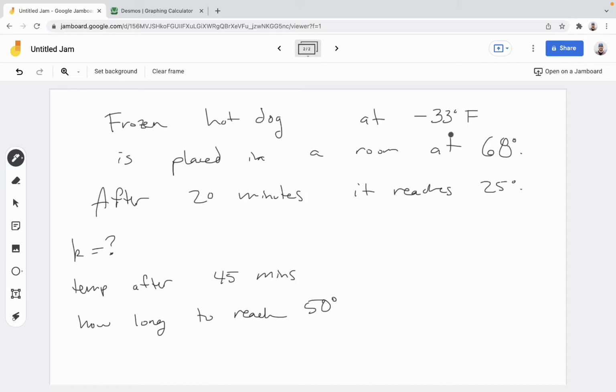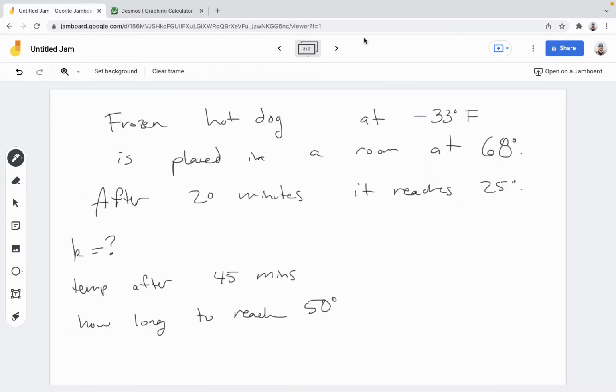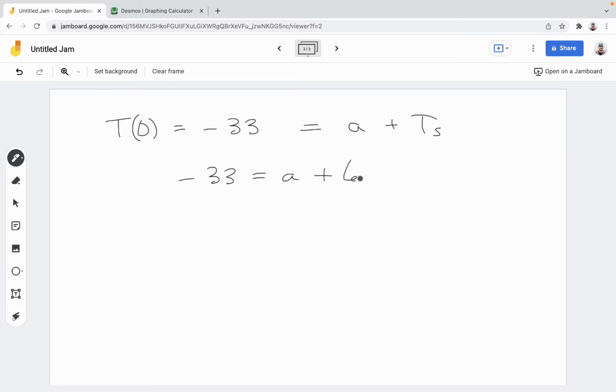So kind of the important information that we have here is that we're starting at an initial temperature, T0, of negative 33. I already said that's going to be A plus TS, so negative 33 equals A plus the temperature of the surroundings or the room, which is 68 degrees.